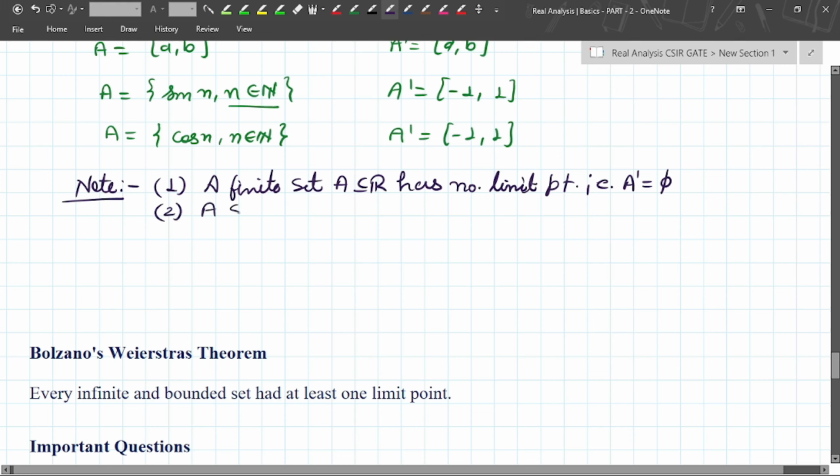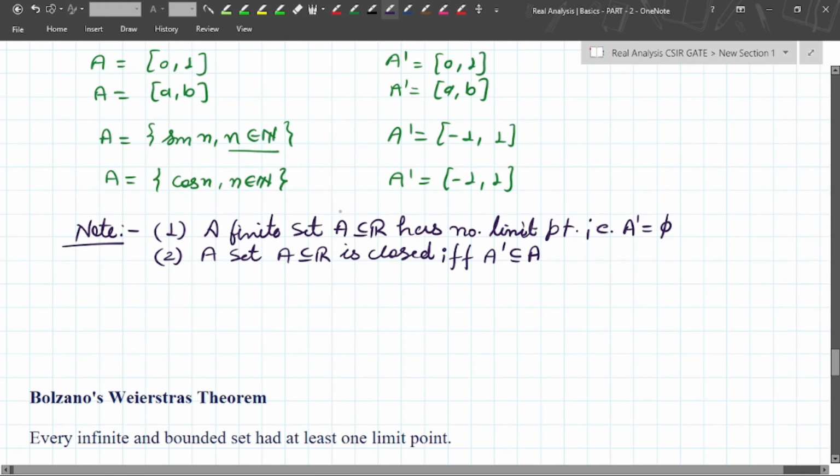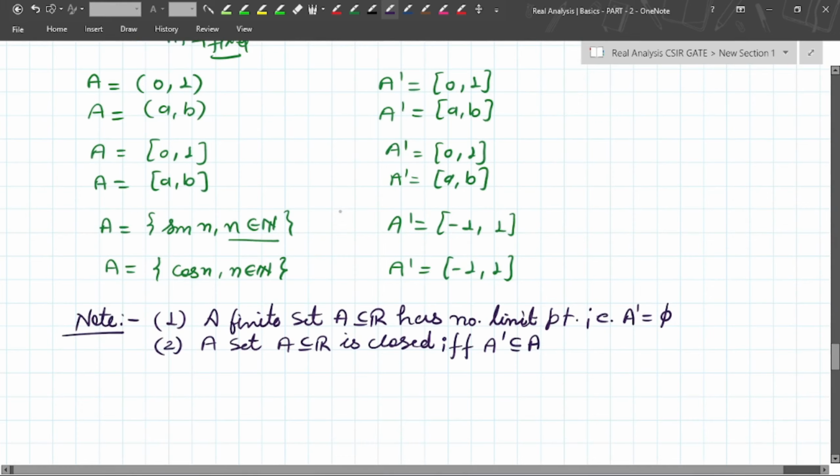Second, a set A, a subset of real numbers, is closed if and only if its derived set is a subset of A. If it is a closed set, then A dash is contained in A, a subset or equal, the same thing.